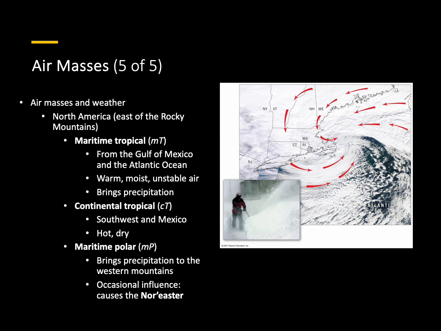And then the final one is our maritime polar. This is bringing cold, humid air that's bringing a lot of precipitation in. And this can cause what are called nor'easters. These are huge storms in the Northeast where we just have absolute dumps of snow, where we might be talking about 5 or 10 feet of snow in a single storm.